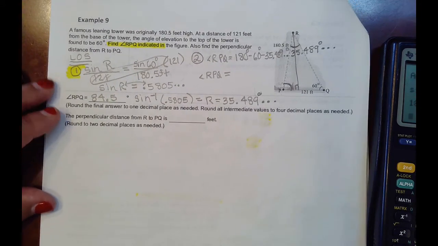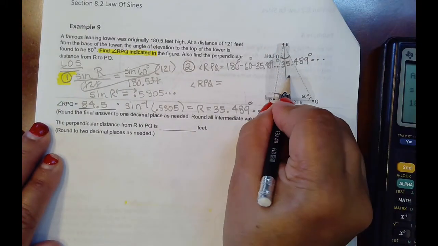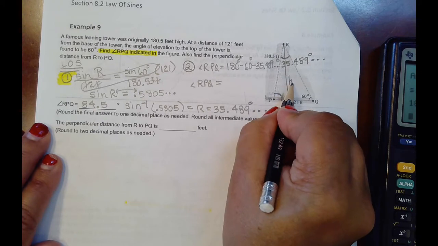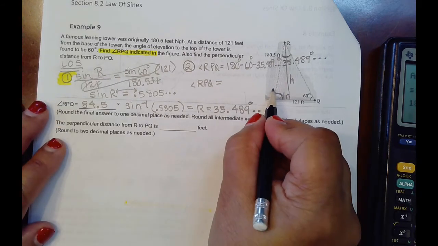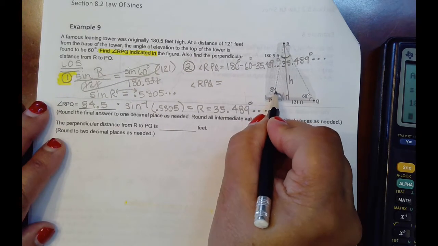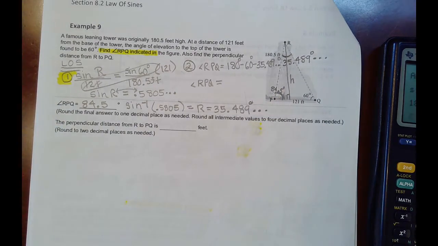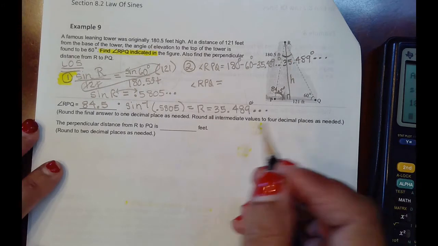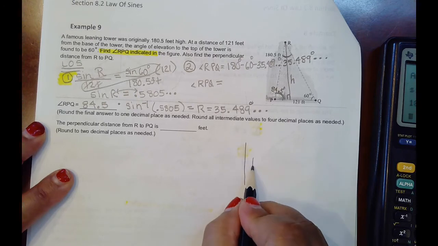Now I have to concentrate on the second question that they've asked me, which is, what is the length of this perpendicular? I'm going to call it H, the height of the triangle. That's what a perpendicular allows you to find. I'm going to remember that in this triangle, I have just found this 84.5 degree angle. So if I just concentrate on the right triangle, really what I'm concentrating on for this second answer is this piece that I'm looking for, the perpendicular.